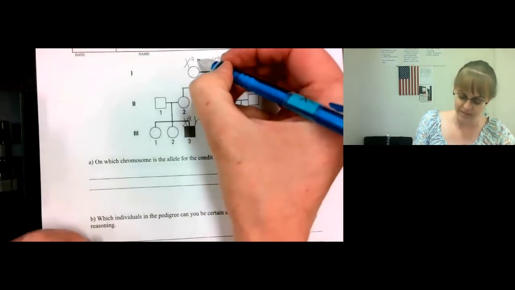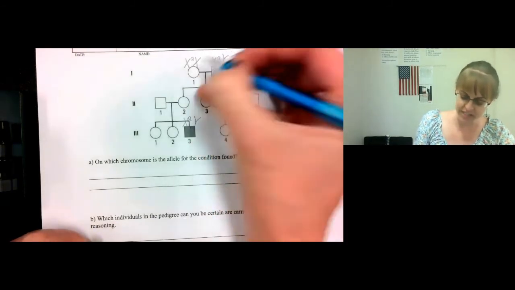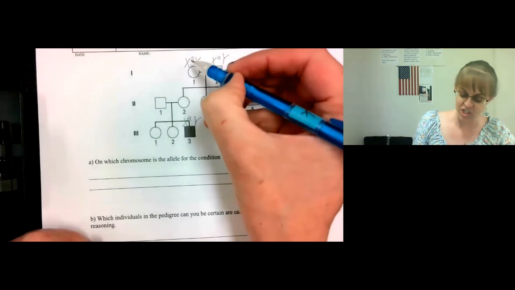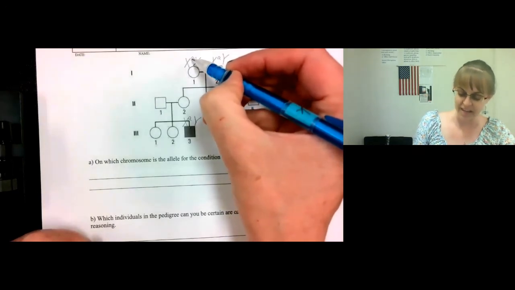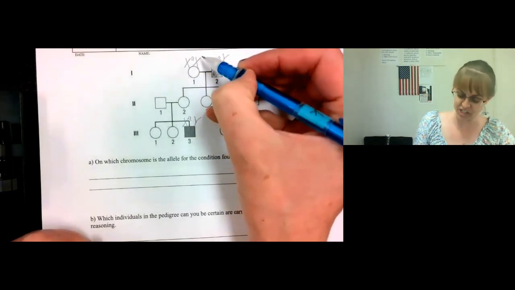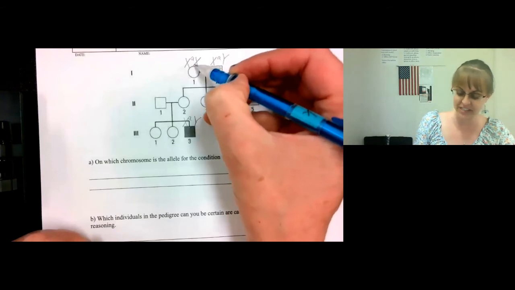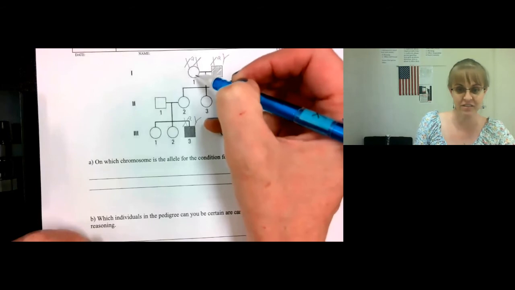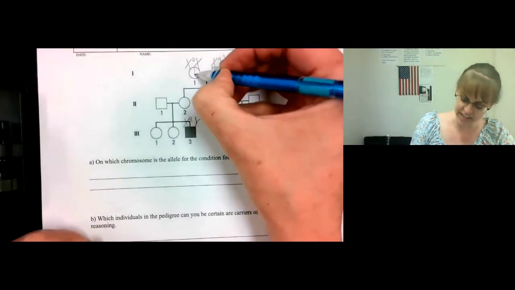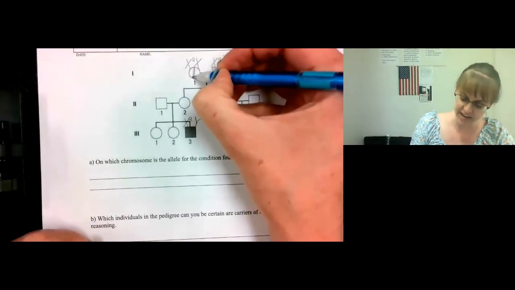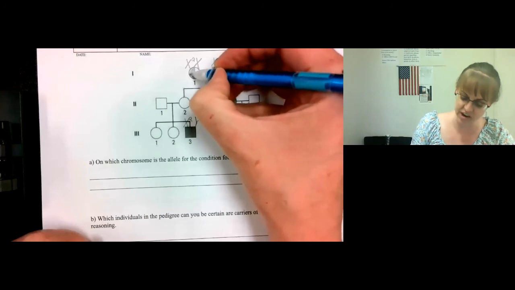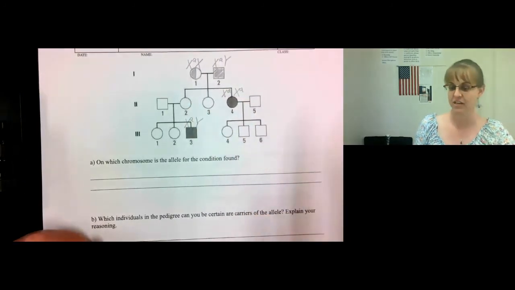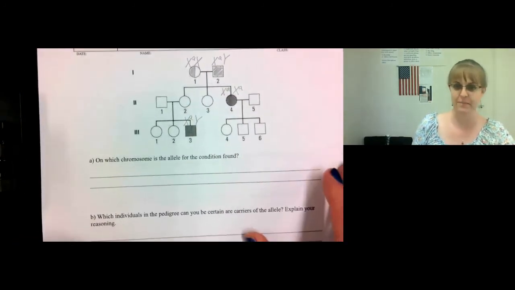The mom, she's female, she has 2 X's. She had the recessive a condition and she had a dominant X allele that was normal, which is why they couldn't tell that she had this condition. She is a carrier. So you fill this in halfway to show that she's carrying it, but she doesn't actually have it. She can pass it on to her kids.